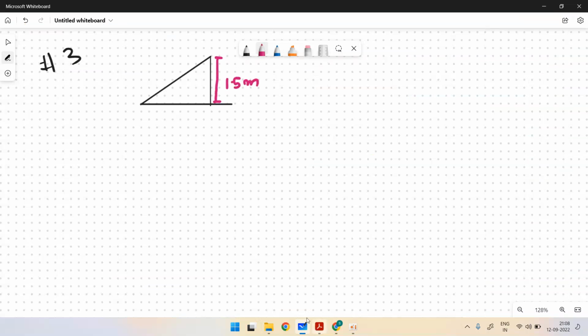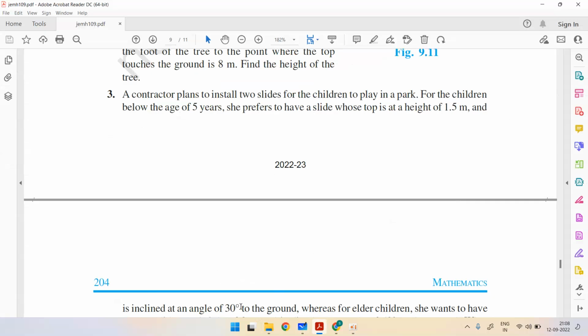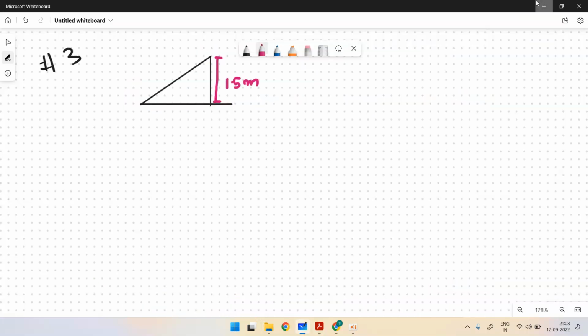The angle is not steep, so this angle is 30 degrees to the ground. So this is my angle, 30 degrees, and it's for below 5 years. This is your case, and I'm taking this as A, this as B, this as C, which is 90 degrees, and this is my ground.